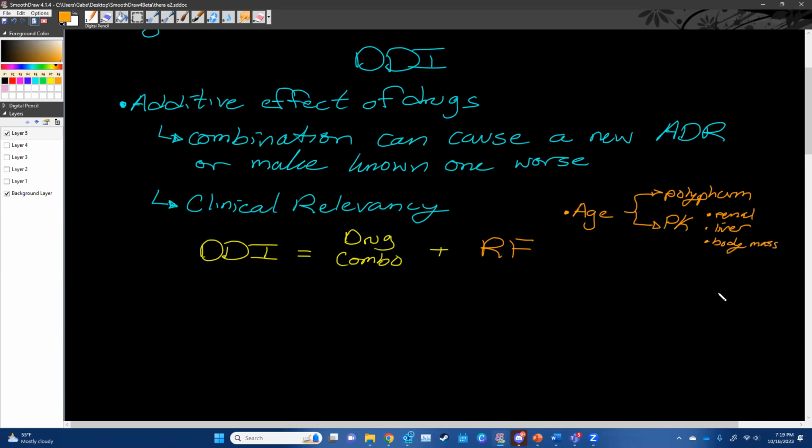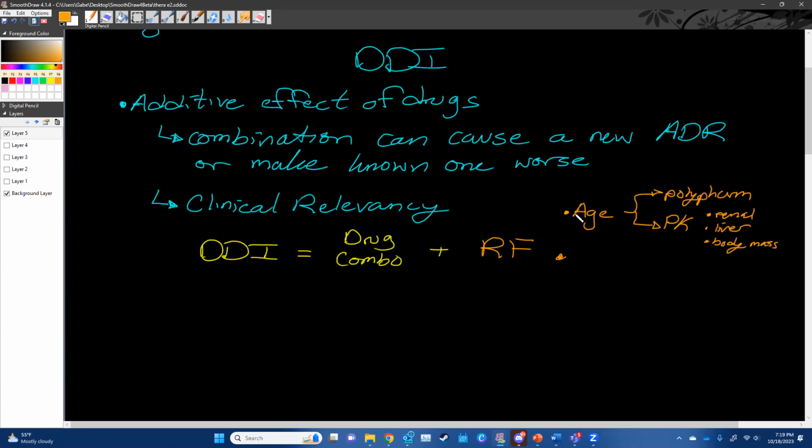These are all huge points as we get older. One of the biggest factors for old people is specifically their renal function and their liver function. This is something we constantly monitor with people in the hospital because, as you guys saw with AKI, things can get really bad very quickly.